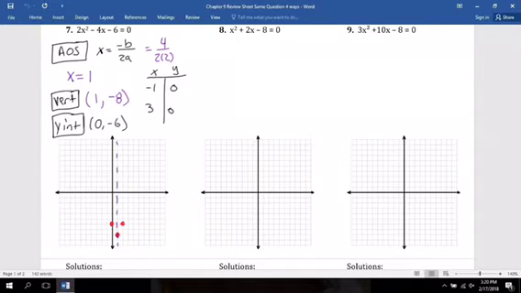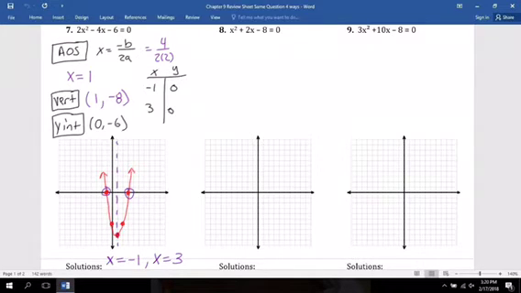So I have points here, 3 and negative 1, and my parabola looks something like this for question 7. My solutions take place here and here, so my answers are x equals negative 1 and x equals 3.